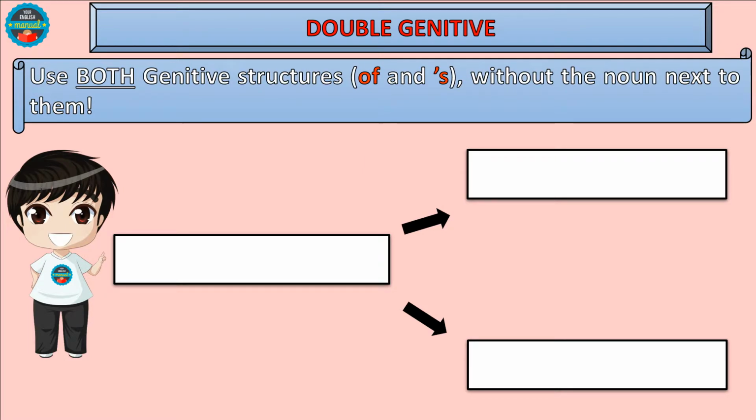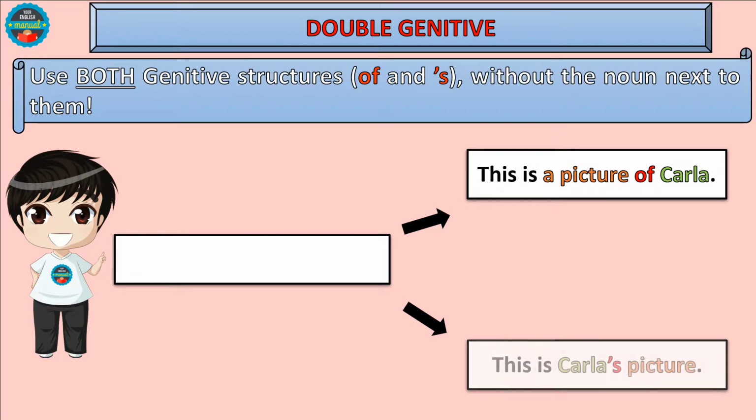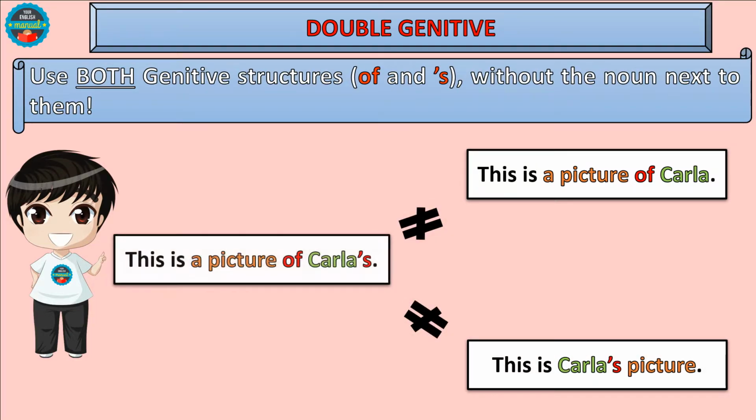For example, if instead of using an example with the word friend, we used one with the word picture, the situation would be different. Saying this is a picture of Carla or this is Carla's picture is different from saying this is a picture of Carla's. In the first two sentences, it's ambiguous.